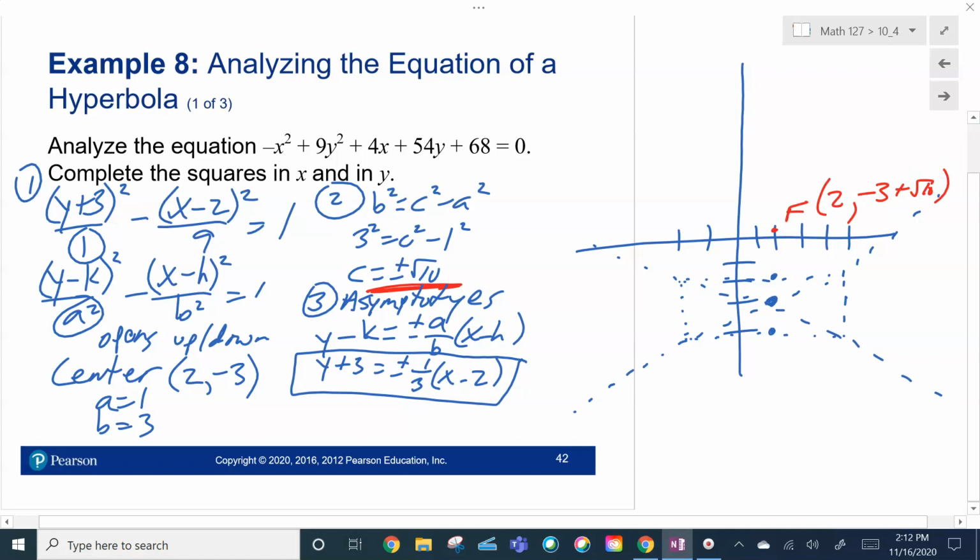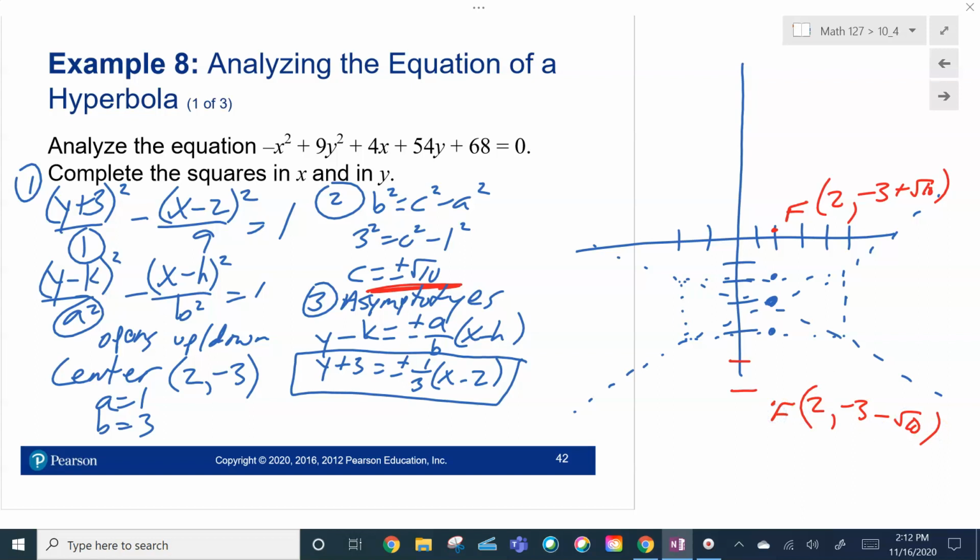And then the other one from the center is down 1, 2, 3 and a little bit. So it's about right here. So it's at an x value of 2, but it's negative 3 minus root 10. That's where the other focus is.